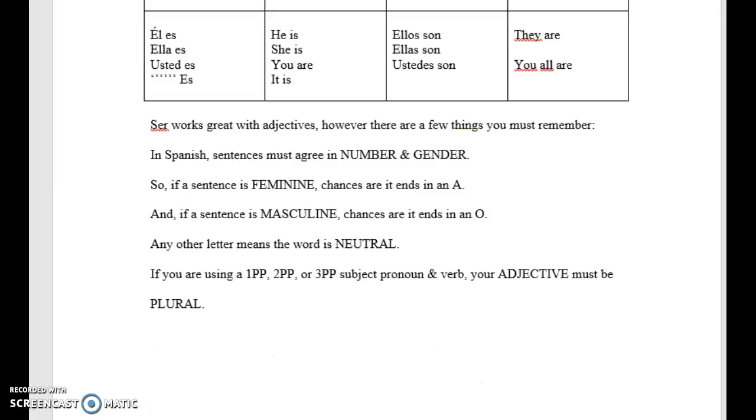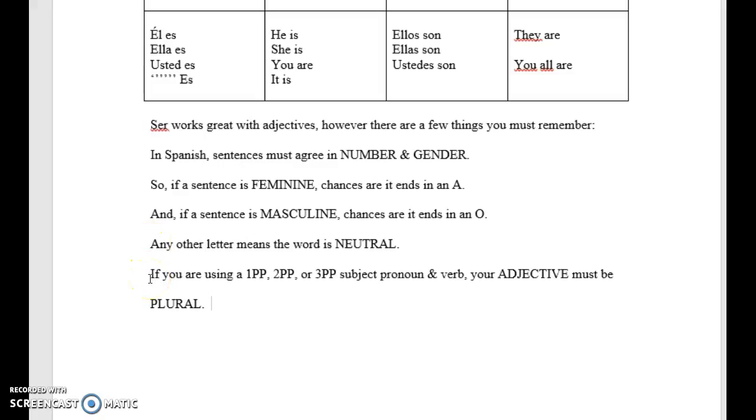A few final thoughts. Ser works great with adjectives, such as the ones on your vocabulary list. However, there are a few things you must remember. Hopefully this is review. In Spanish, sentences must agree in both number and gender. So if a word is feminine, chances are it ends in an A. And if a word is masculine, chances are it ends in an O. And this would be the adjective ending in an A or the adjective ending in an O. Any other letter means that the word is neutral.